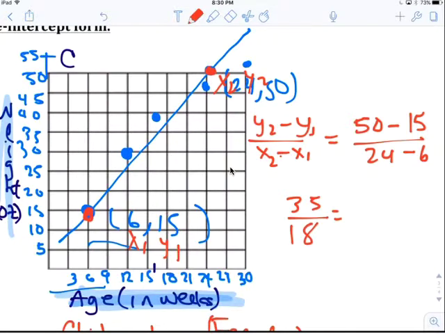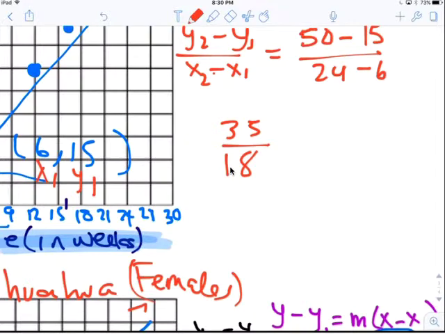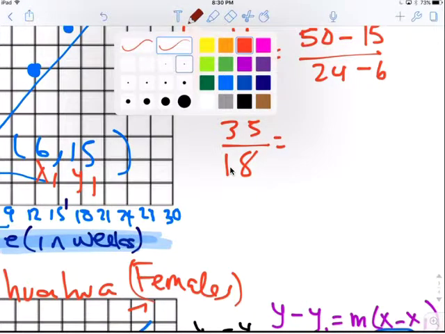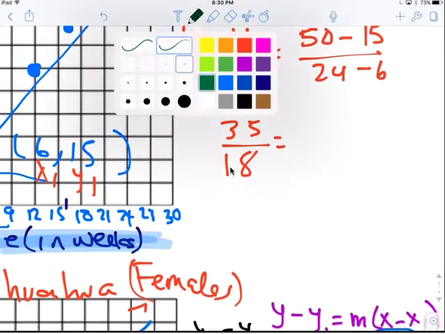That's a bad number to use. Oh well. And then you do y2, no, not that one. I'm tired. Really, really tired.